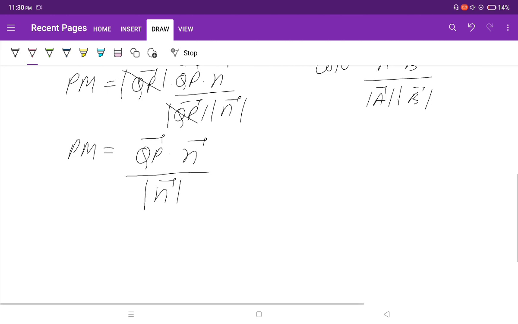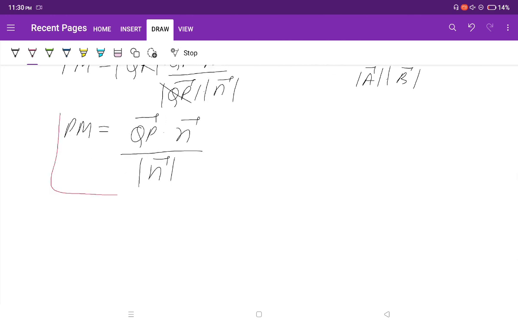Now writing it in Cartesian form, what will we get? What is QP vector?